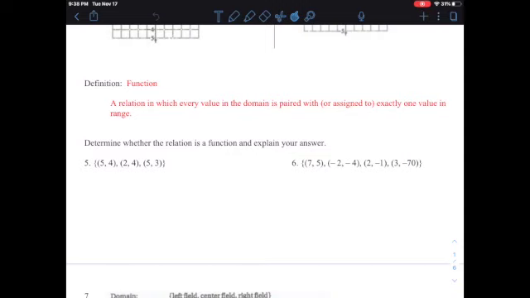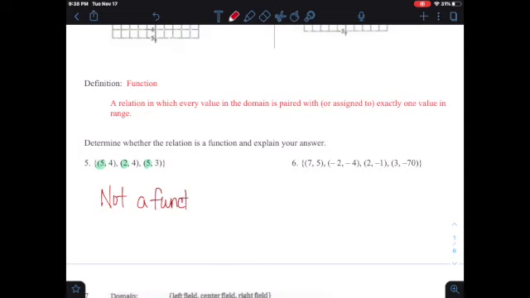So let's look at example 5. If you look at it, you are looking at the X right here. And if you notice, X actually shows up twice and pairs with different numbers. So therefore, that is not a function.